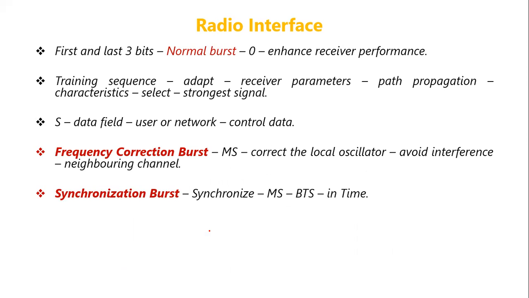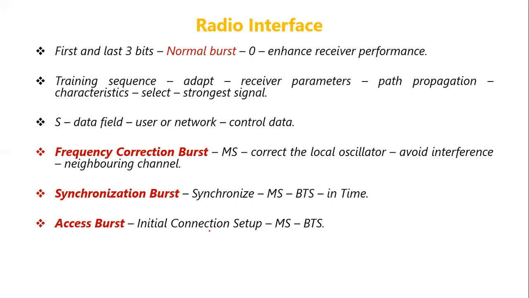So this frequency correction burst is basically to adjust the mobile station to the current frequency so that it can avoid interference from the neighboring channel. The other burst is the synchronization burst. It provides an extended training sequence to synchronize the mobile station with the BTS, the base transceiver system.